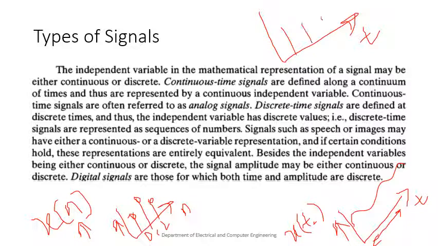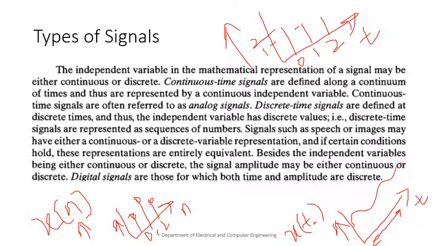These are our samples, let's say 0, 1, 2, and these are amplitudes. Let's say this is 2 and this is 1. So the amplitudes are going to be discrete. These y-axis values are going to be discrete. So these are the three basic types of signals. I hope you got it.